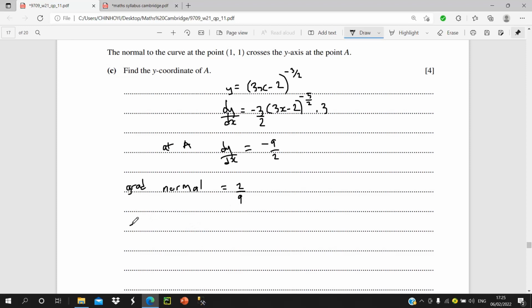So for the equation of the normal, we say the gradient is the change in y, so y minus this y coordinate, so it's y minus 1 over x minus 1. You take a general point x, y, then we equate it to 2/9.